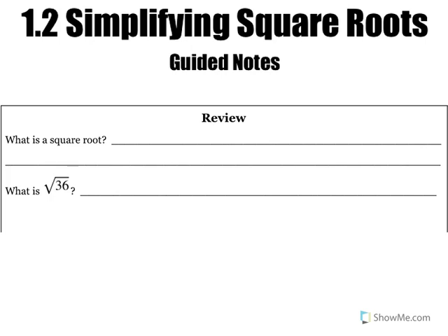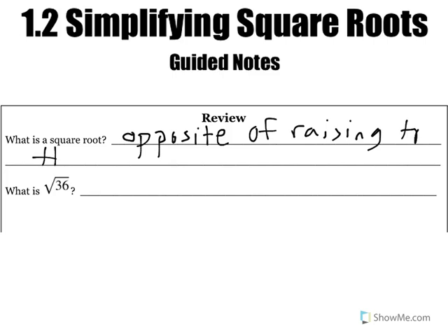It's the opposite of squaring a number, or the opposite of raising something to the second power. So we're trying to think of what number could we raise to the second power, or what number could we multiply by itself to equal the number underneath the square root.